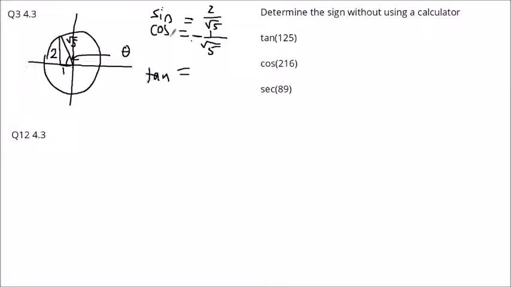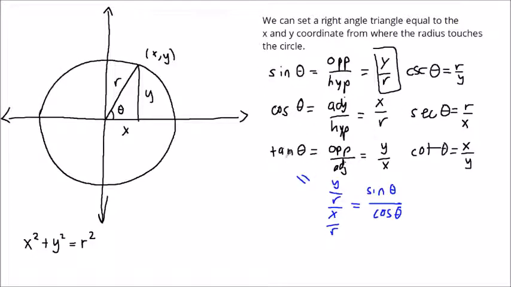And tangent, I actually derived this identity right here. I didn't talk about it enough. But tangent is just y over r over x over r, because it's opposite over adjacent, and it's equal to y over x. So you can put both of them over r, and then you can derive that tangent theta is equal to sine over cosine.